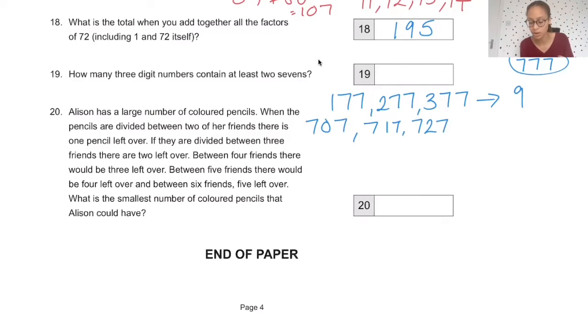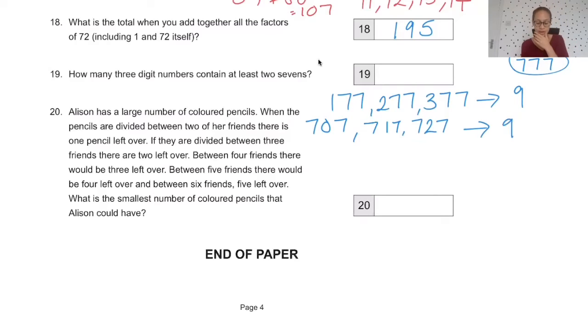But if we keep going like this, 777 is going to be included, so I'm not going to include that. So how many of those do we have? We have 707, 717, 727, 3, 4, 5, 6, skip 777, 8, 9. So now we have 9 numbers in the 700s that include 2 sevens.